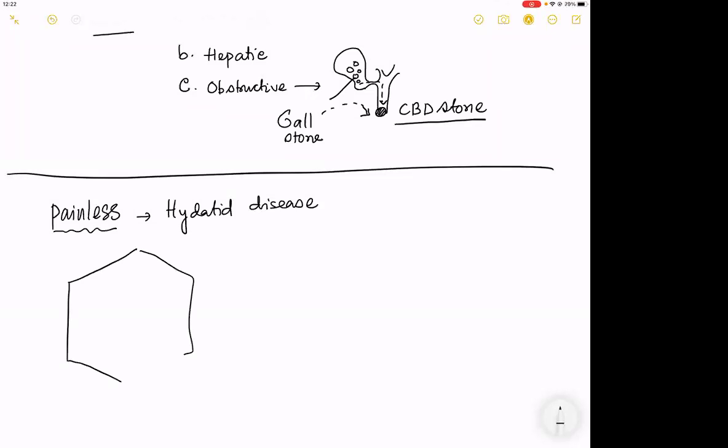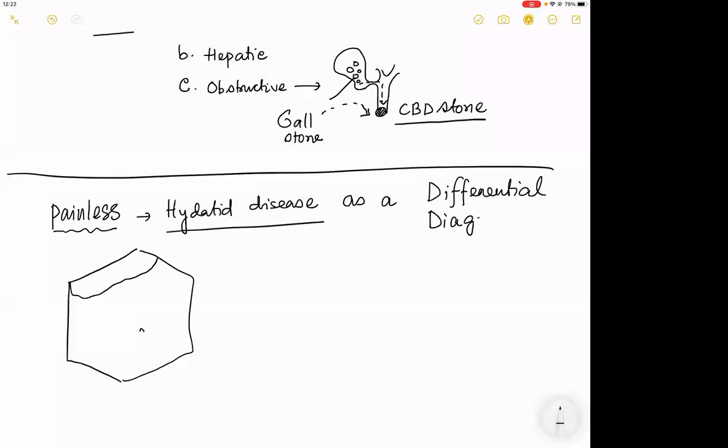That means the liver is enlarged, and I will say hydatid disease as a differential diagnosis. Hydatid disease as a differential diagnosis. Okay. Statutory wordings.